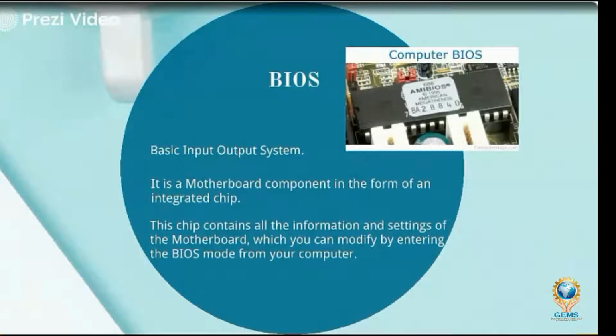We can say that BIOS is firmware used to perform hardware initialization during the booting process and to provide runtime services for operating systems and programs. The BIOS firmware comes pre-installed on a personal computer system board. It means it is already installed when we buy the motherboard or system board.